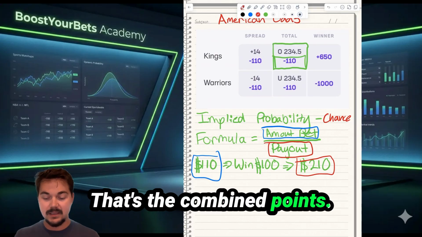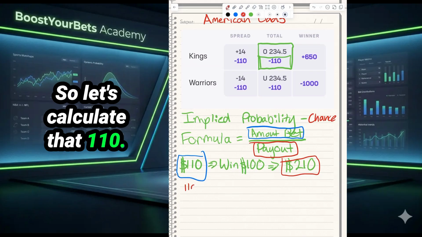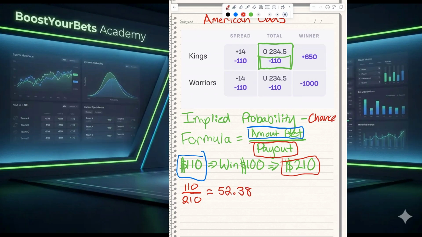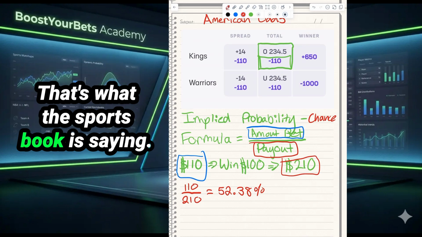That's the combined points. So let's calculate that: 110 divided by 210 comes out to 52.38%. Okay, cool. So we have a 52.38% chance of the Kings going over 234.5. That's what the sportsbook is saying.